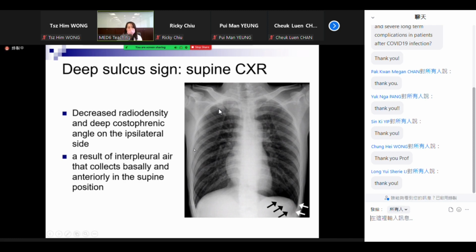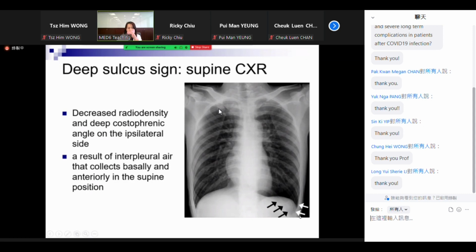That means there's decreased radiodensity over the deep costophrenic angle. When you compare both sides, you can see the radiolucency at the costophrenic angle is different. It's increased in radiolucency, and there's a deep sulcus sign here. So the CP angle is more prominent.